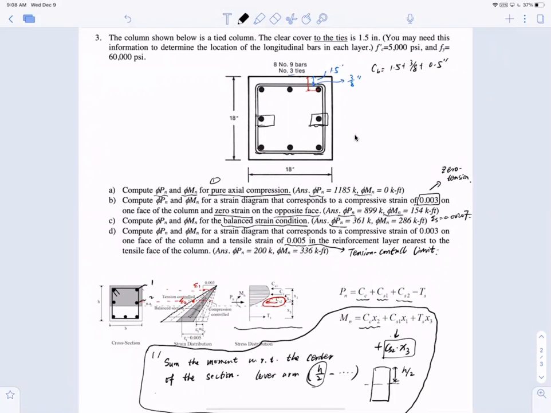Check the capacity, meaning that you will compute the φPn, φMn, and we'll give you an axial force and eccentricity to give you basically Pu and Mu. All you need to do is to make sure Pu is smaller than or equal to φPn, and Mu is smaller than or equal to φMn. That's all we're going to ask you to do.